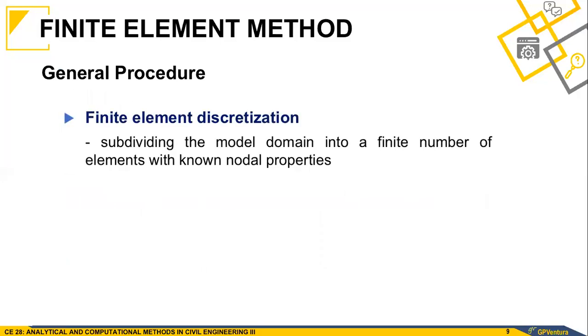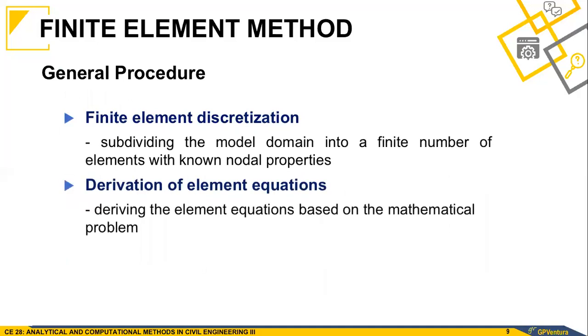As we have mentioned, the first part is to mesh or to discretize, such that if we subdivide the model into a finite number of elements, our goal then is to derive and eventually solve the equations governing each of the elements. And of course, the equations that would be used in solving these elements would be dependent on the type of problem.